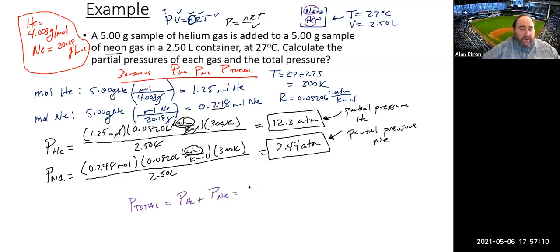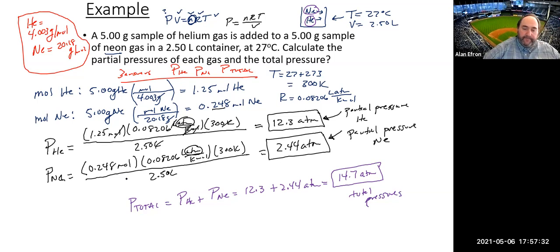At this point, we just add these together, and we end up with something like 14.7 atmospheres as our total pressure. Any questions on where any numbers came from, or why we did anything here?